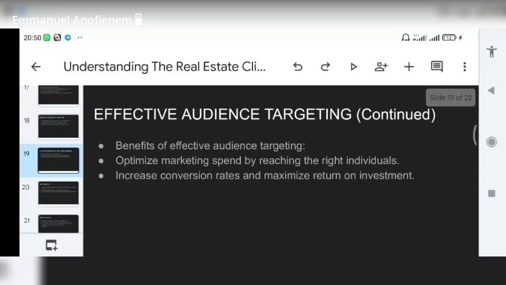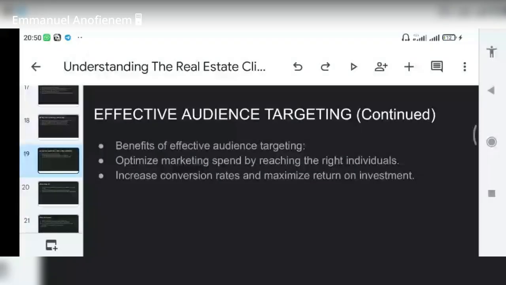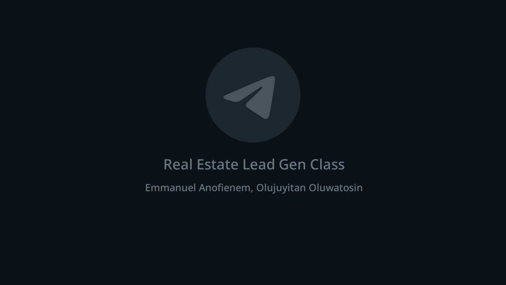So let's move on. Some of the benefits of audience targeting are that you optimize your marketing spend by building trust, at the same time getting them to take action, and you are increasing your conversion rates.